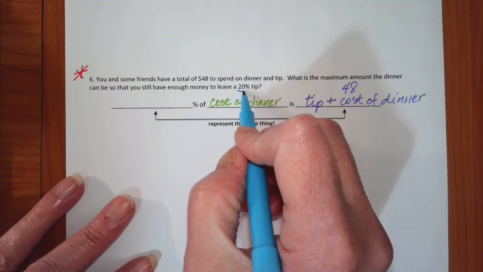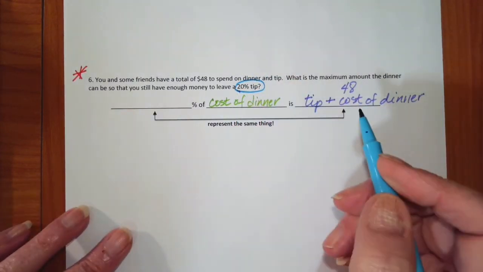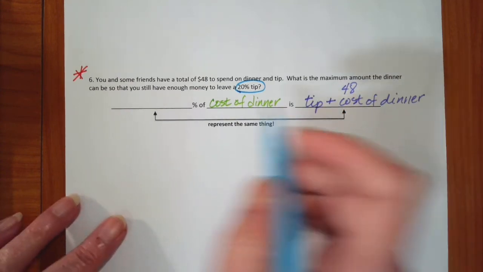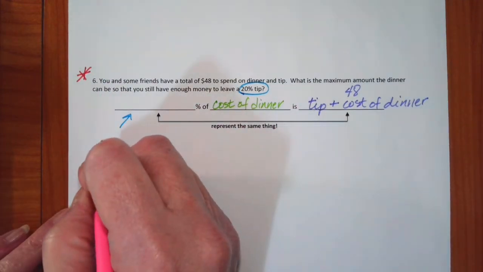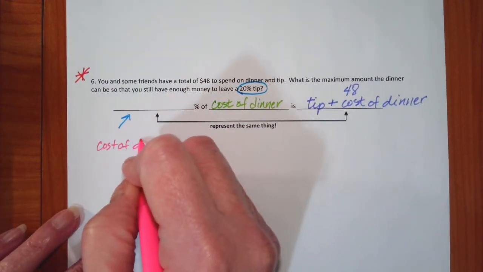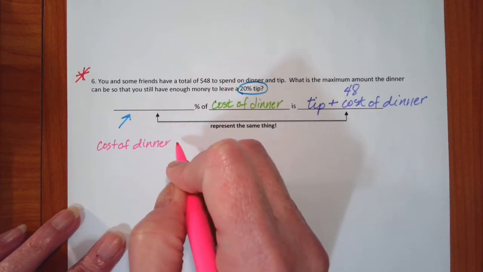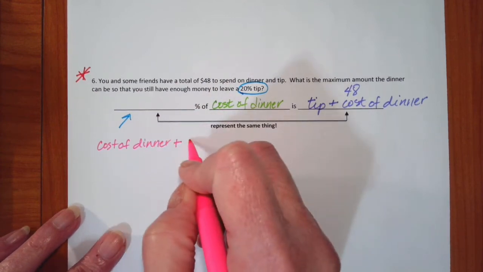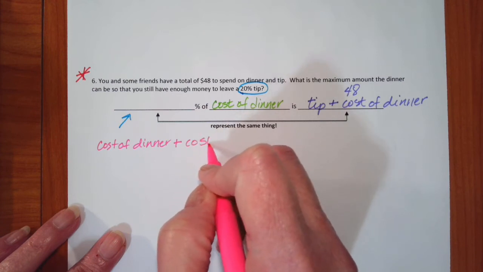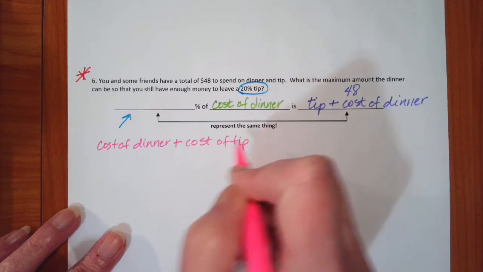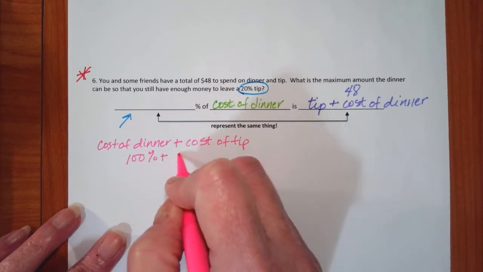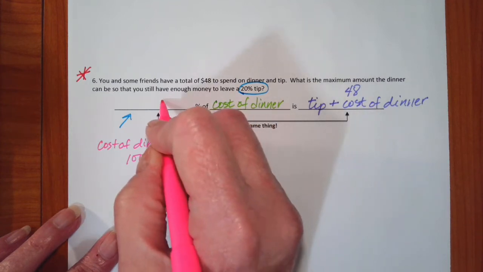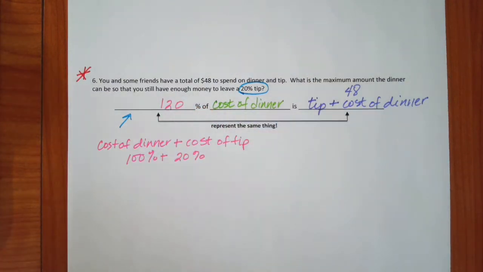Well, if you want to leave a 20% tip, that means this is going to be the cost of dinner plus the cost of the tip, which is 100% plus 20%. So that is 120% of the cost of dinner is the cost of dinner plus the tip.